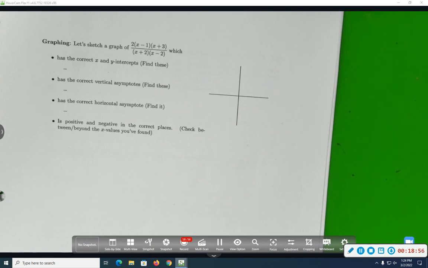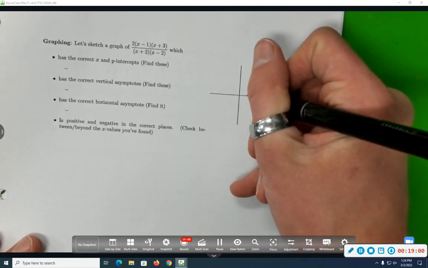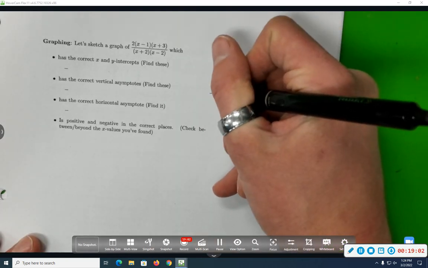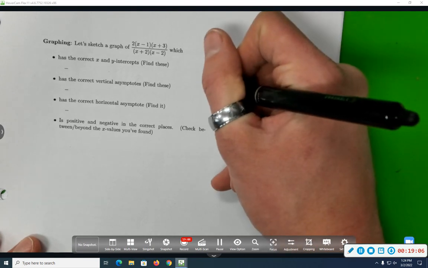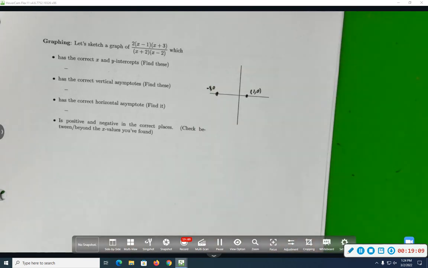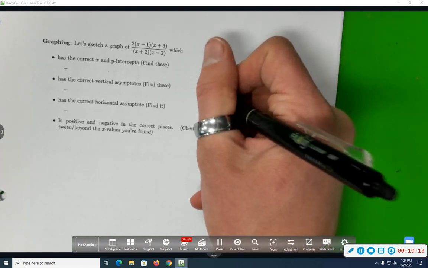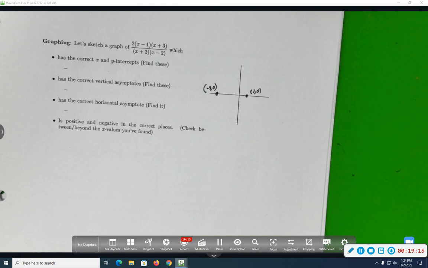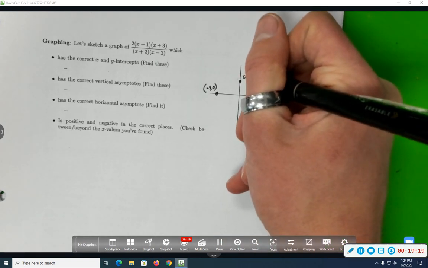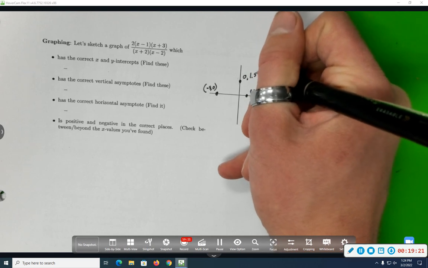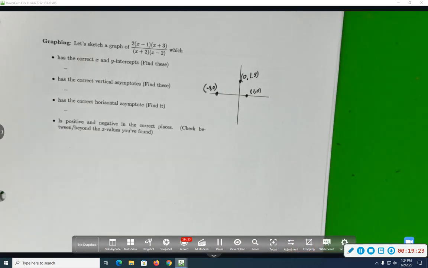I'm going to draw this. Y-intercept. 0, 3 halves. Maybe I'll translate that to 1.5, not for any real reason.